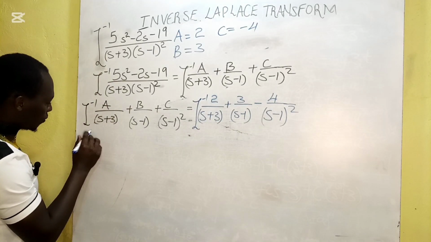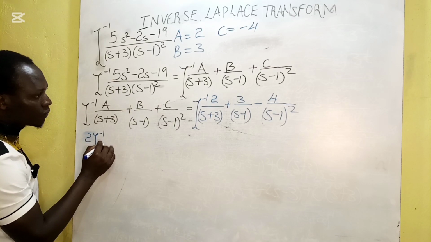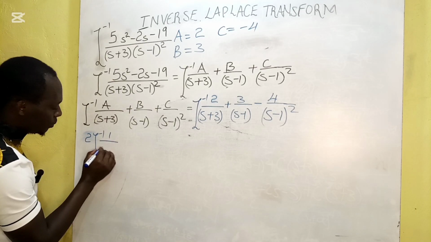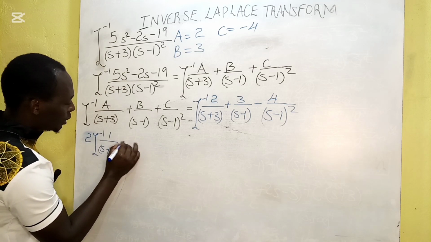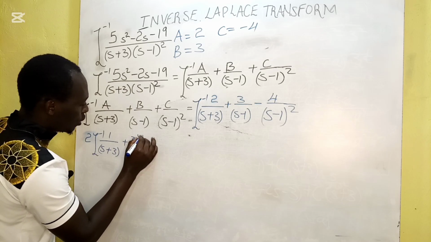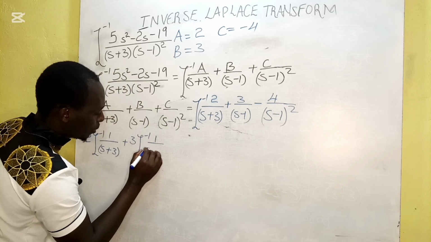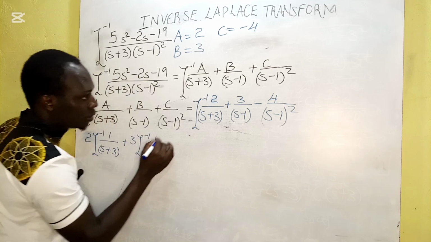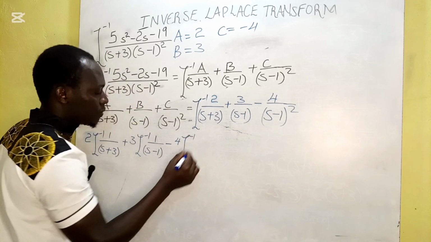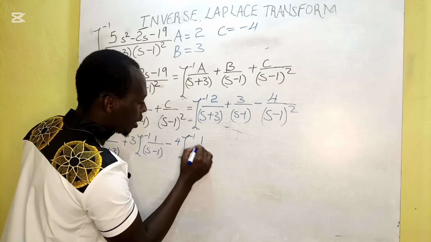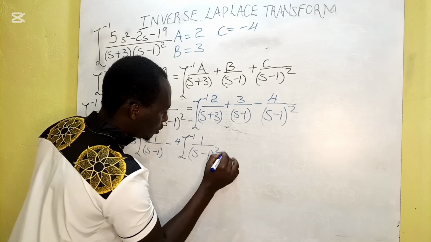Now we are going to have the inverse Laplace transform of 1 over s plus 3, plus 3 times the inverse Laplace transform of 1 over s minus 1, minus 4 times the inverse Laplace transform of 1 over (s minus 1) squared.